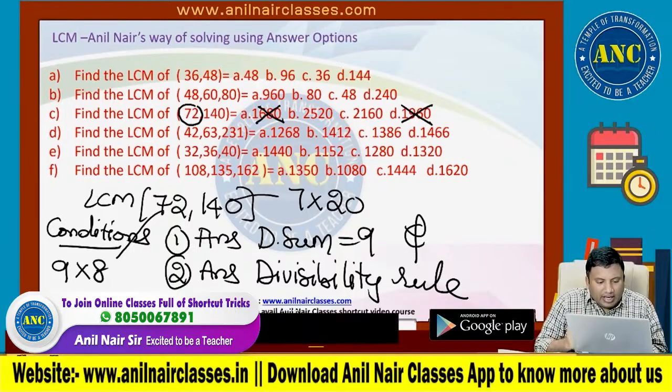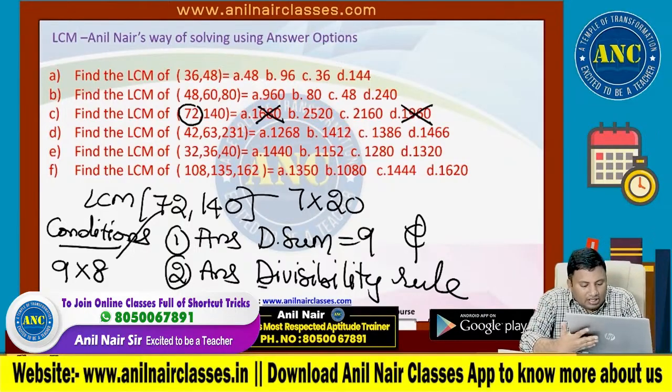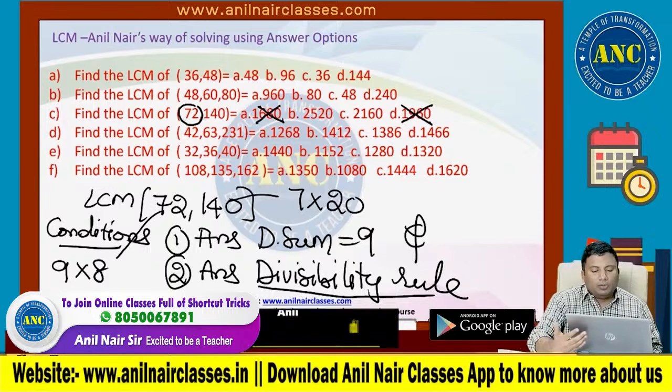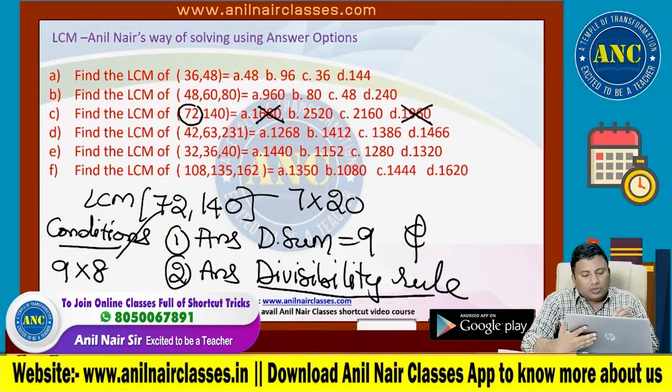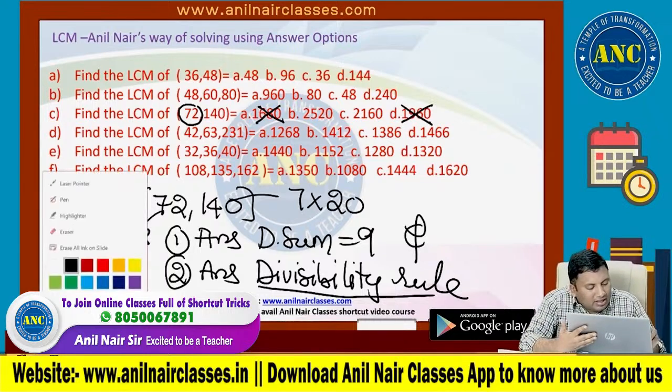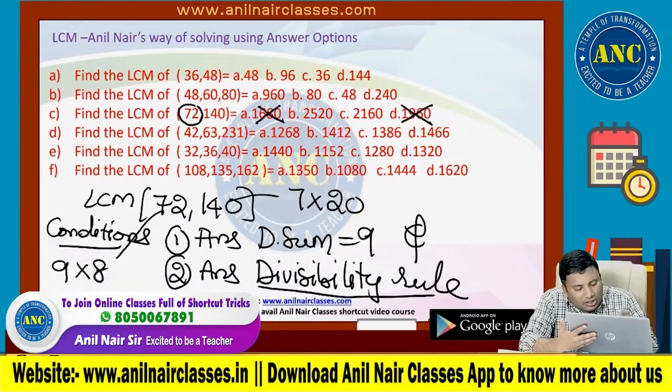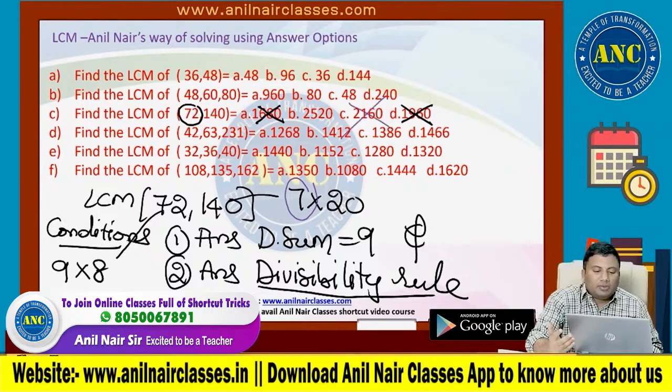Take the second concept. The divisibility rule should be satisfied. So the answer should be divisible by 7. 2160 is not divisible by 7.